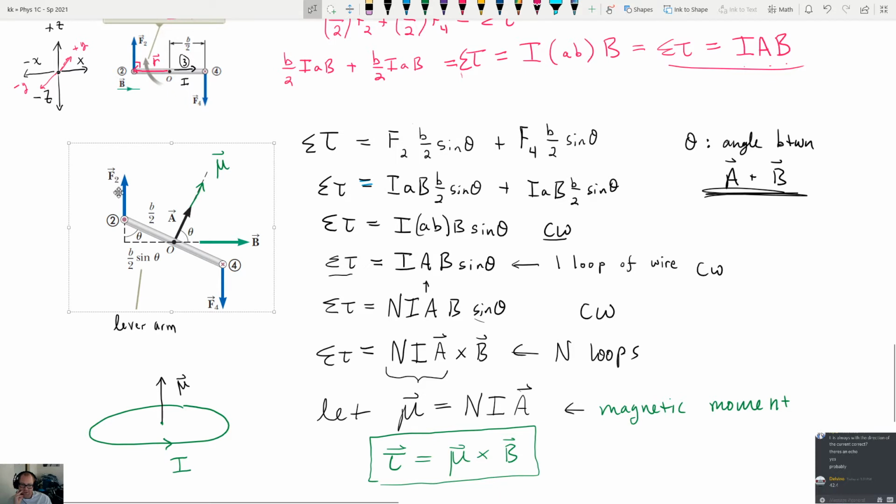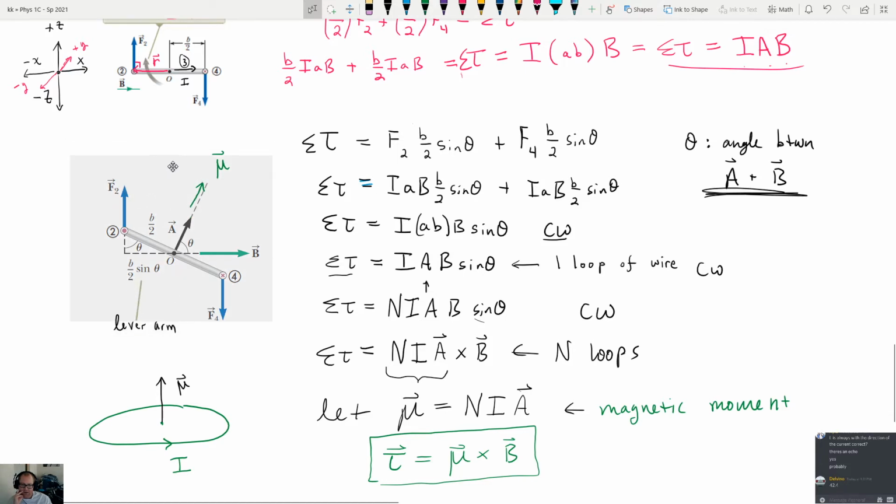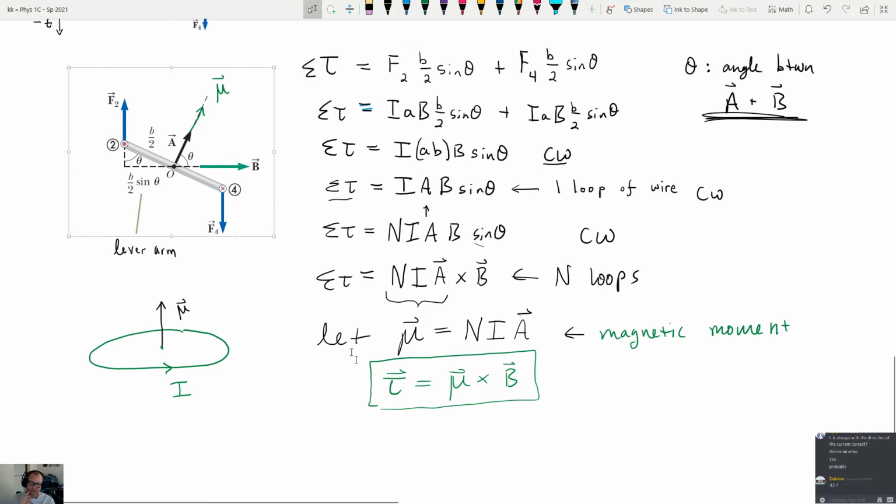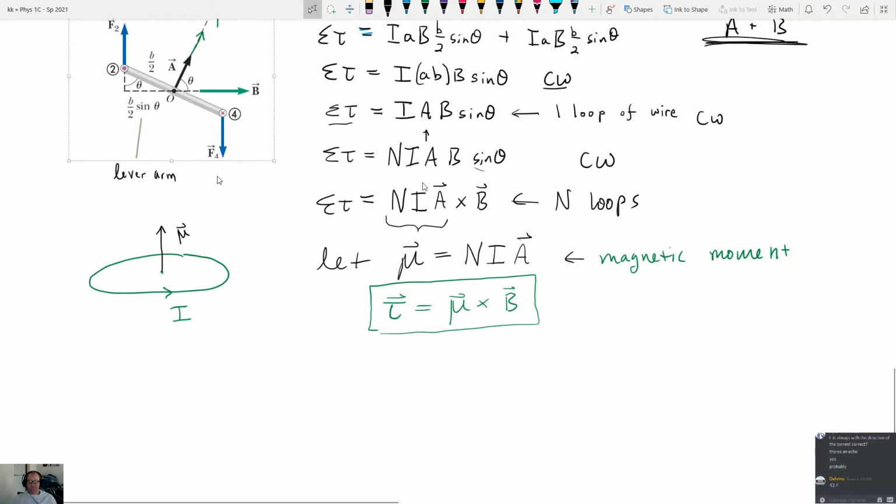What happens to the torque when this wire is straight up and down? What I mean by that is, in that same scenario right there, what happens to my torque here if my wire is like this? So this was my current coming out, that was my current going in.